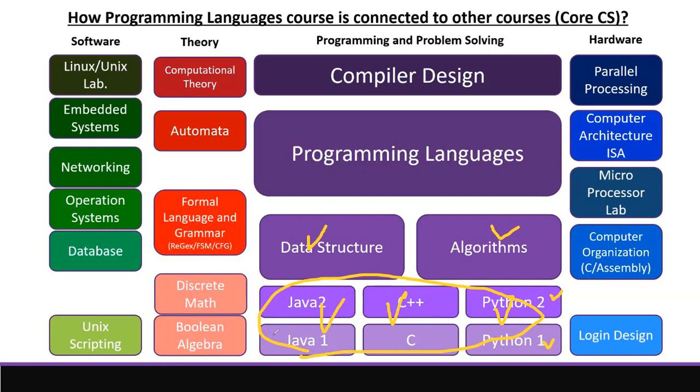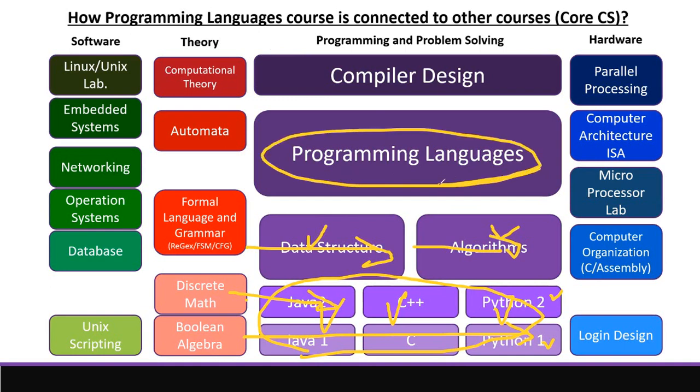These are levels 1, 2, 3. Level 1 is introduction to programming, level 2 is programming language, level 3 is data structures and algorithms. Now you are at level 4, programming language mechanisms, programming language pragmatics.